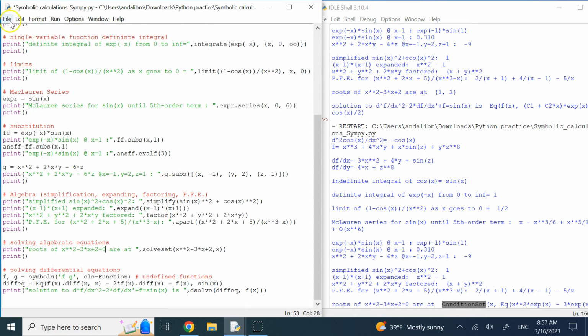And finally, solving differential equations. So for differential equations, we have to create what we call an undefined function first. And then we can go ahead and define the differential equation.